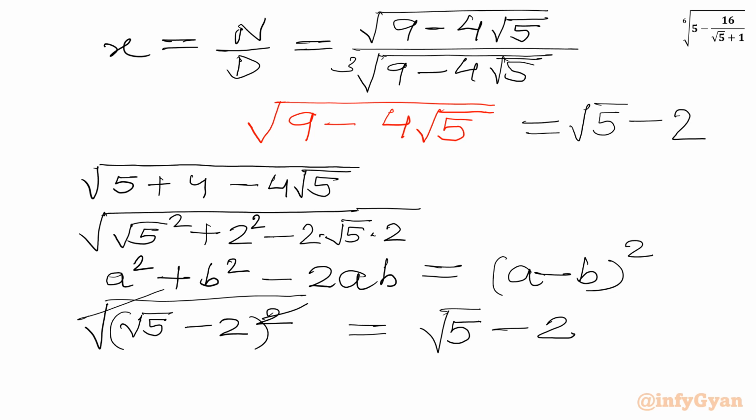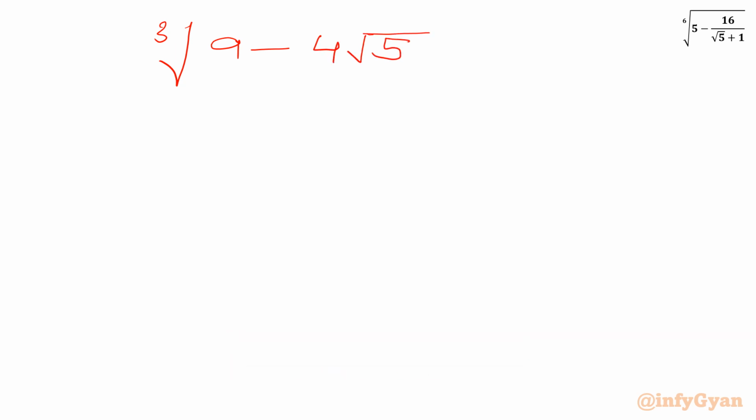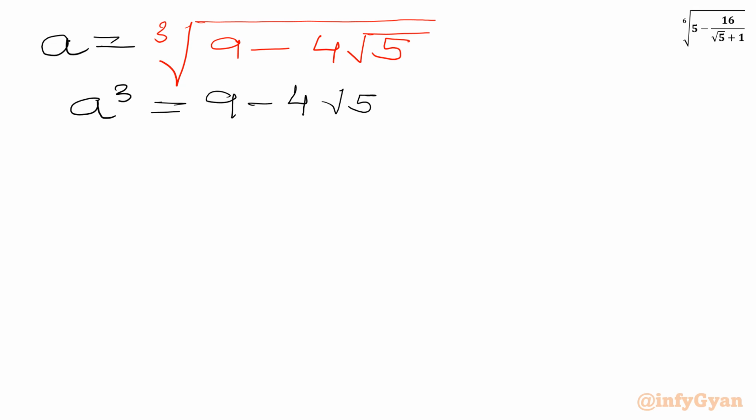Now the turn of denominator, the cube root. So I will write here cube root of 9 minus 4 square root 5. I will consider this cube root equal to a first. Let's consider cubing both sides. So I can write a cube will be equal to 9 minus 4 square root 5.